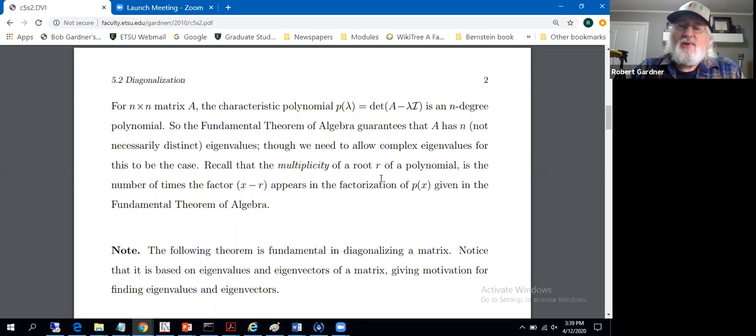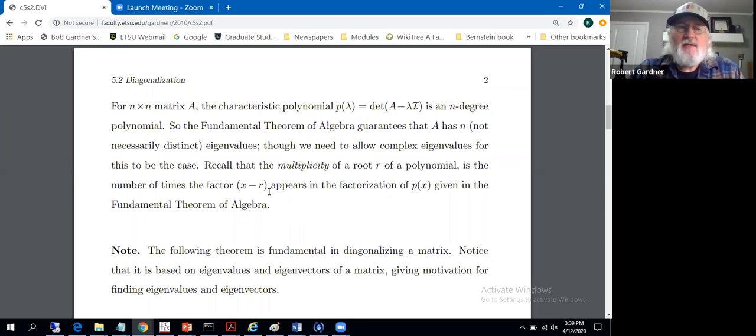Recall that the multiplicity of a root of a polynomial is the number of times the factor x minus r appears in the factoring of the polynomial. Like we saw with that x minus 4, that was a factor 3 times. It was x minus 4 cubed.